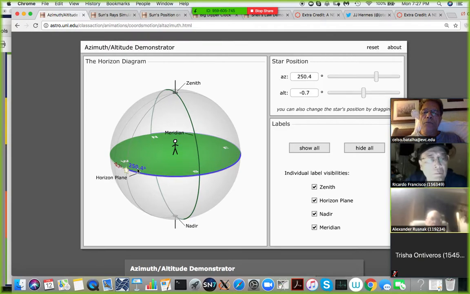So the azimuth angle in blue keeps increasing, and the altitude angle starts at 0 and then rises, reaches a maximum value when it crosses the meridian line, and then falls down to 0 again at the horizon.